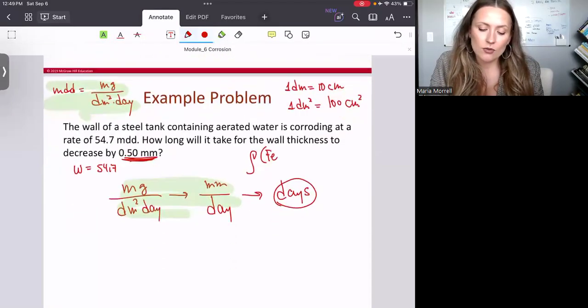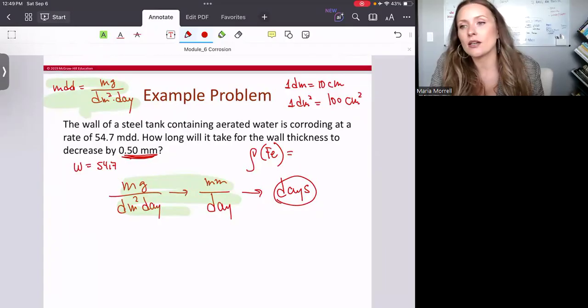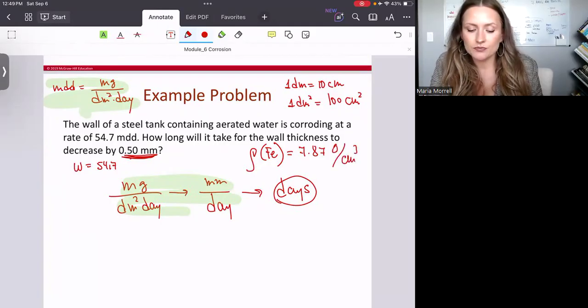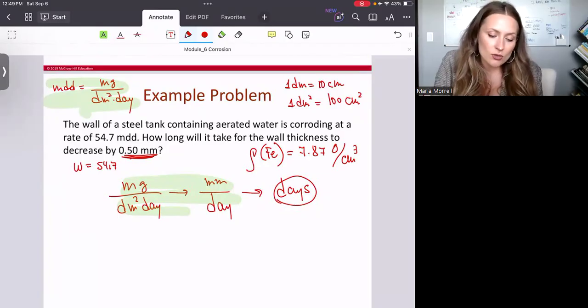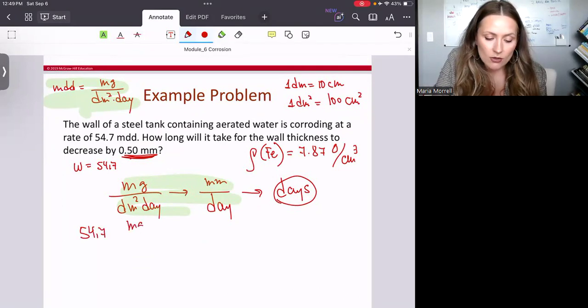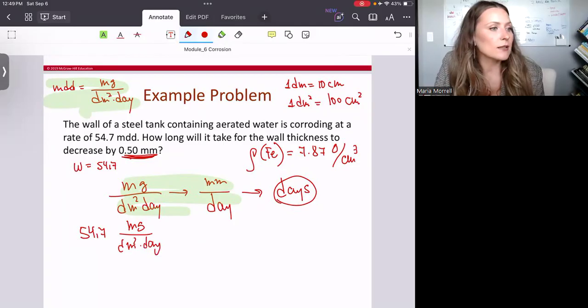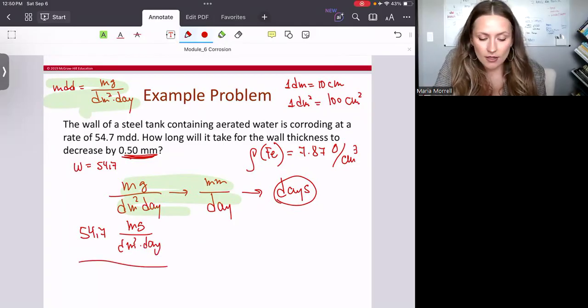And if you encounter something like that during an exam, you will be provided more information than you need, and you just have to identify the information you need. So I'm going to take my 54.7 milligrams per decimeter squared per day and divide it by the density, which is 7.87 gram per centimeter cube.